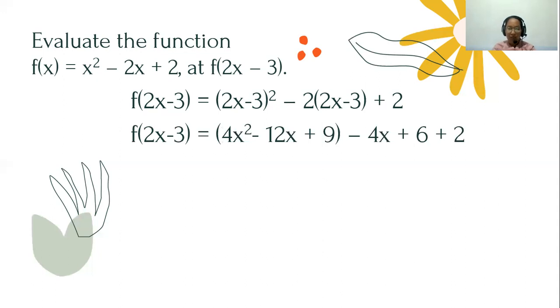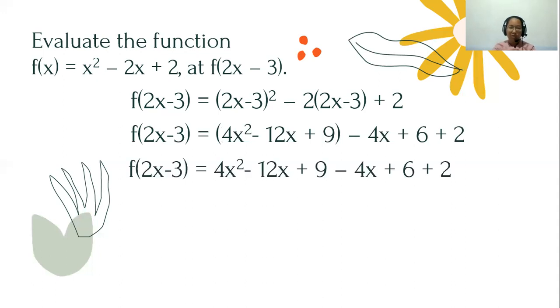So with this one, we need to combine similar terms. The similar terms are negative 12x and negative 4x, and then all the constants. Thus, we have f of 2x minus 3 is equal to 4x squared minus 16x plus 17. So that's how we evaluate a function given the value of the variable as an expression and not just a constant.